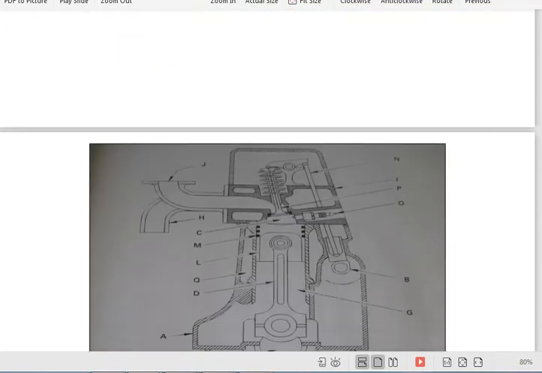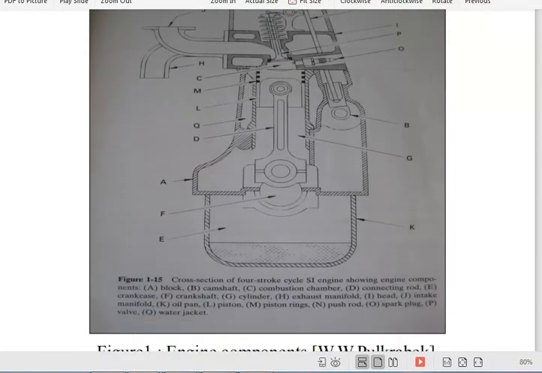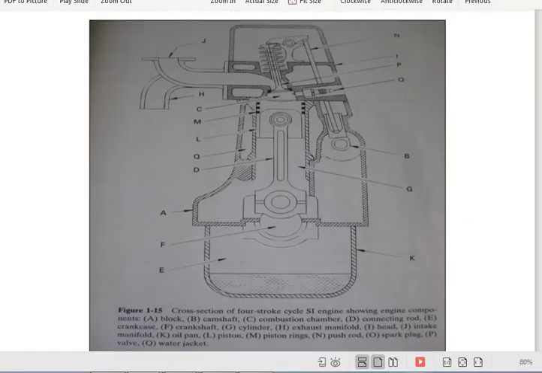Moving ahead, here you can clearly see the different parts of the engine. This is the piston, connecting rod, this is the crankshaft, this is the crankcase, this is the oil pan, this is the push rod, this is the valve spring, valve, inlet port, exhaust port, this is the cam.